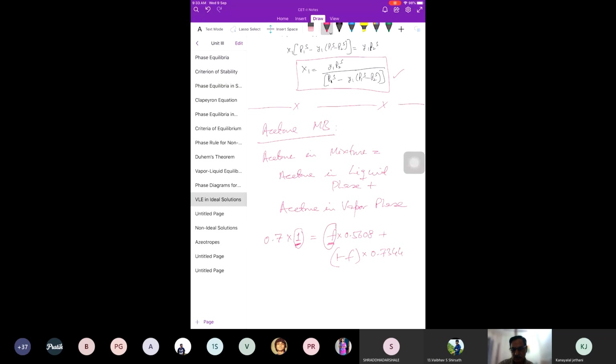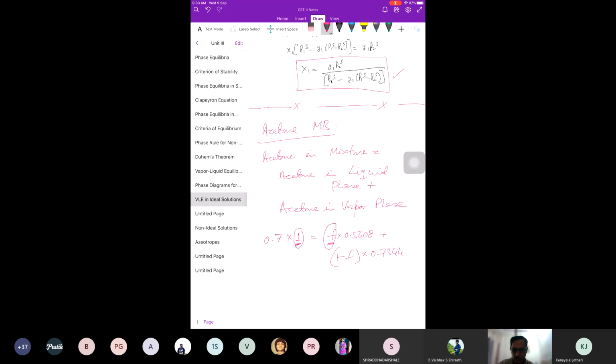ठीक है, कोई डाउट्स? सर उस F में दोनों हो गए ना, component 1 and component 2। हाँ, component 2 है ना, जैसे 19.8% जो लिक्विड फेज है उसमें एसीटोन is 0.5608, तो एसीटोनाइट्राइल कितना होगा? 1 minus 0.5608, करीब 0.444, राइट? अगर वेपर लिया हमने, वेपर में एसीटोन is 0.73, that means acetone is more in the vapor phase and less in the liquid phase because it is more volatile.